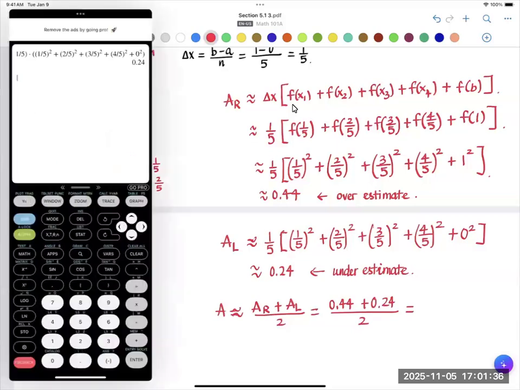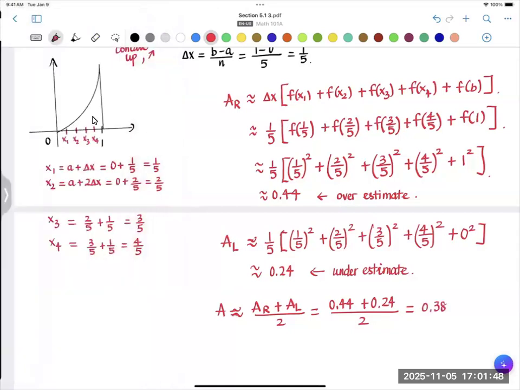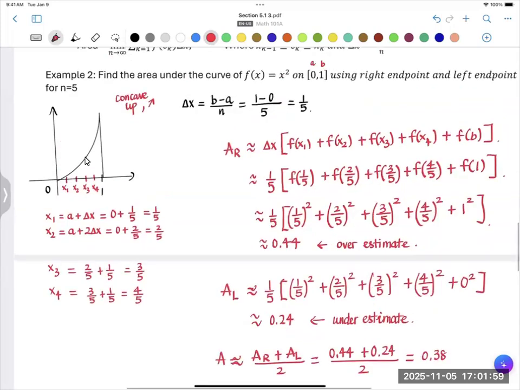And that will give you 0.38. You know that your area under this region is really close to 0.38, okay? But of course, there is still some estimate error. And you will learn how to find the exact area under x squared using some other technique in the next few sections.